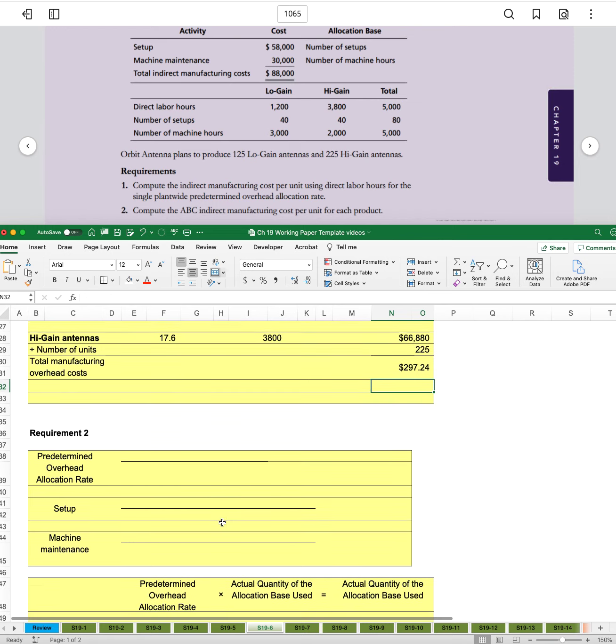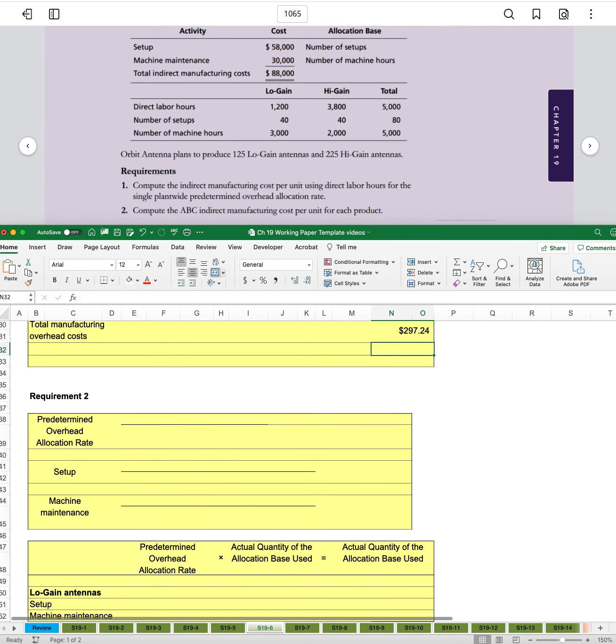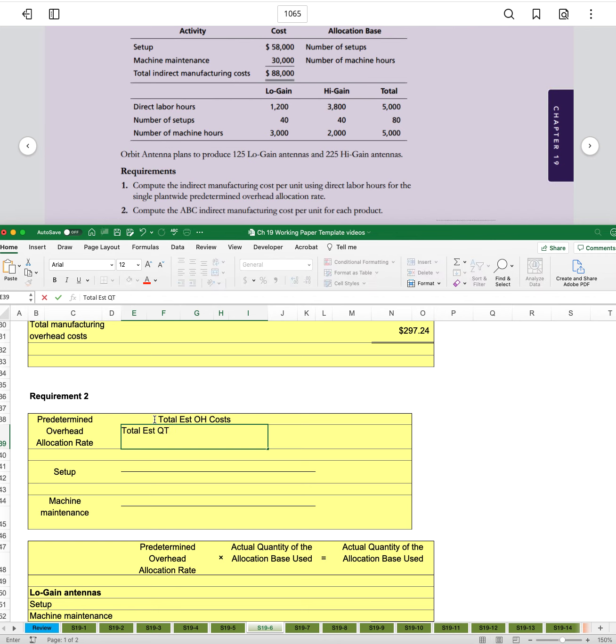So then part 2 is asking us to do the same thing except using the ABC. So predetermined overhead allocation rate is still total estimated overhead costs divided by the total estimated quantity of the overhead allocation base, but we're just going to do two different bases, one for setups and one for machine maintenance.